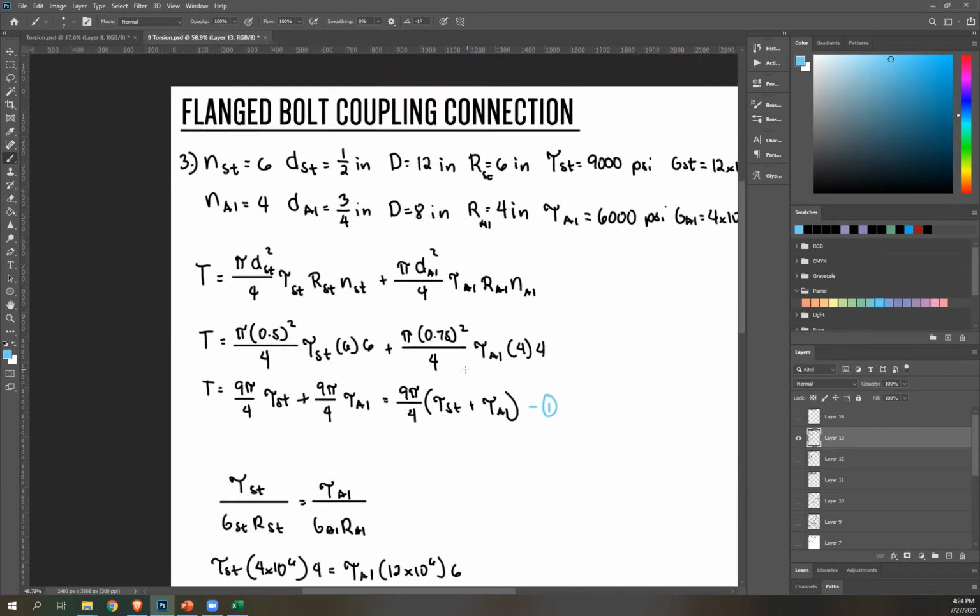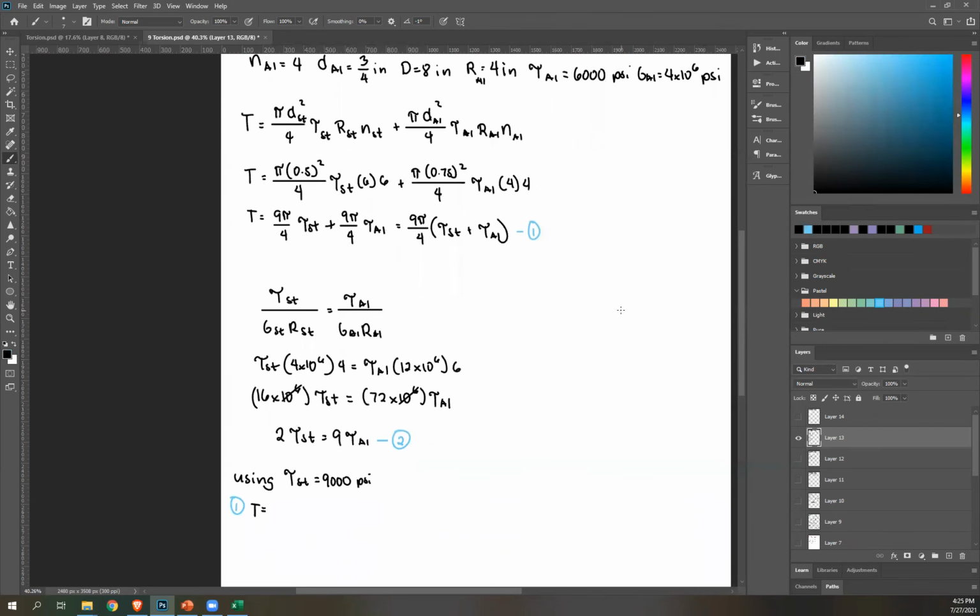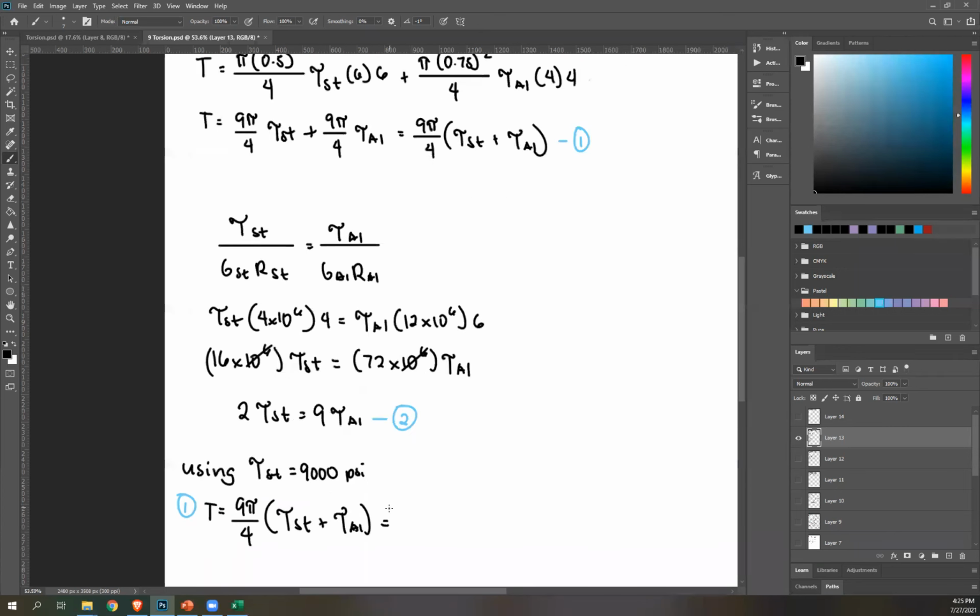Okay? Then what you're gonna do, 9 pi over 4. Plug in now your shear stress for steel. PST plus PAL. So plug that in now. 9 pi over 4, this is 9,000. And how do we get shear stress for aluminum? We're gonna use this. Shear stress for aluminum is twice shear stress of steel over 9.